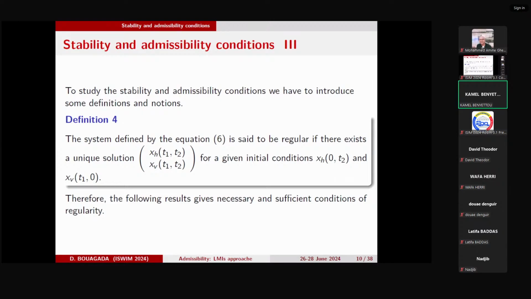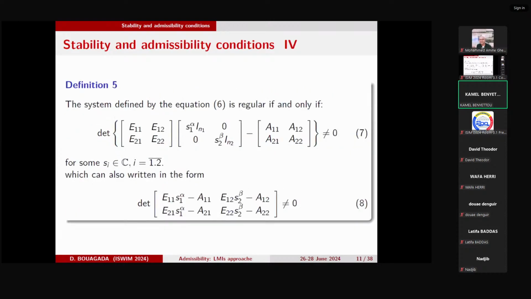Therefore, the following result gives a necessary and sufficient condition of regularity. The system defined by equation 6 is regular if and only if the determinant of this matrix is different from 0 for some s in the complex plane, which can also be written in the form defined by equation 8.